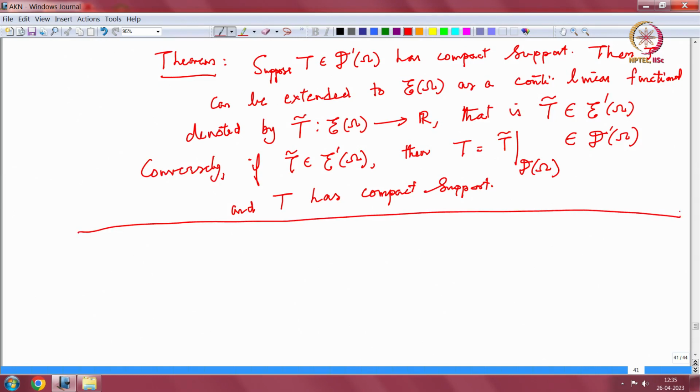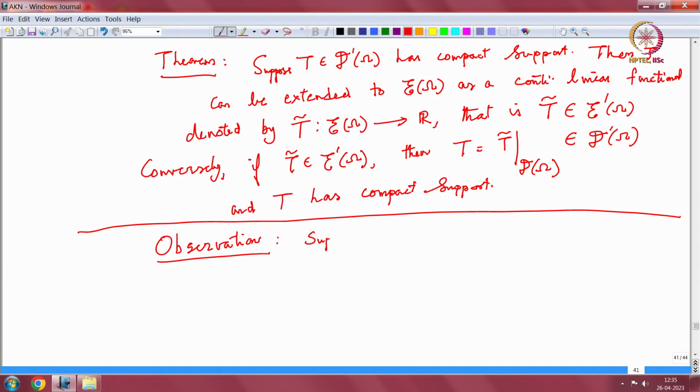More than the proof, the important things are observations, facts and certain tricks which we will be using again and again. The first one is an observation of a local nature. T is a linear functional, so it is defined globally, but you want to understand a little more about it locally.